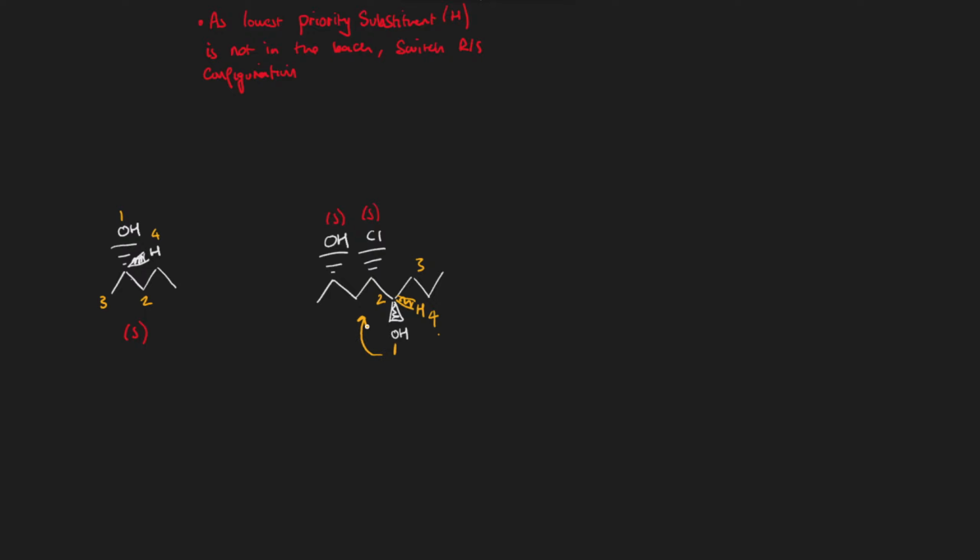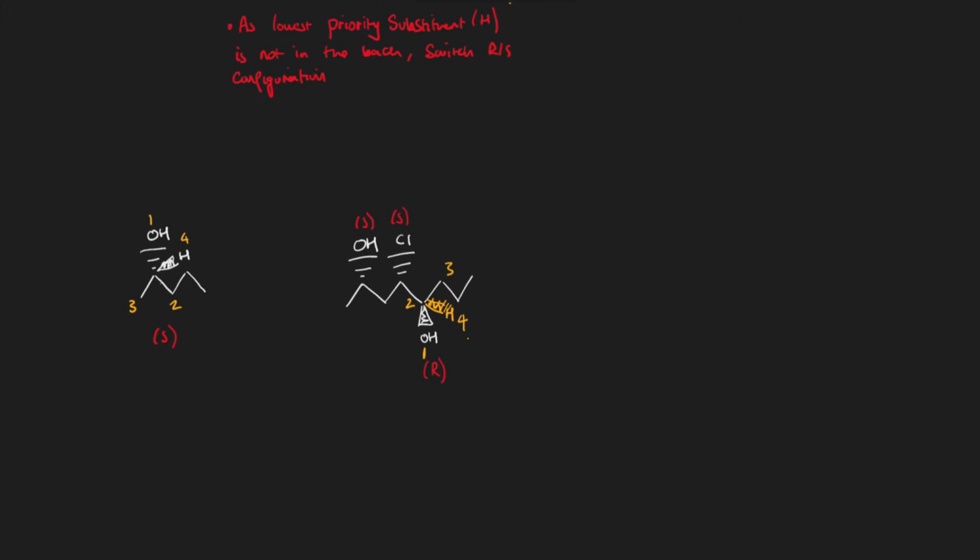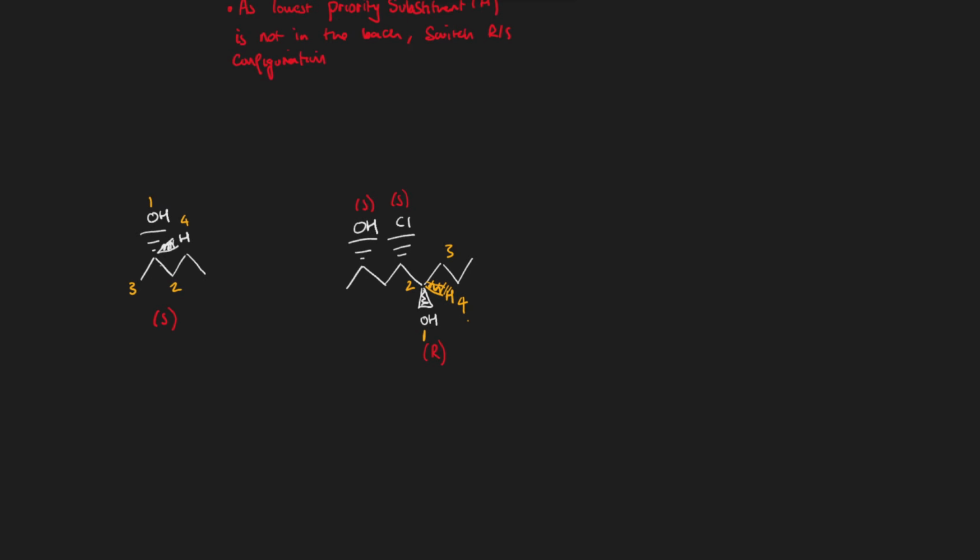But now we're moving clockwise, and so this is our R configuration because our hydrogen is now in the back. So no need to switch configurations here. Awesome. So hopefully this is helpful.